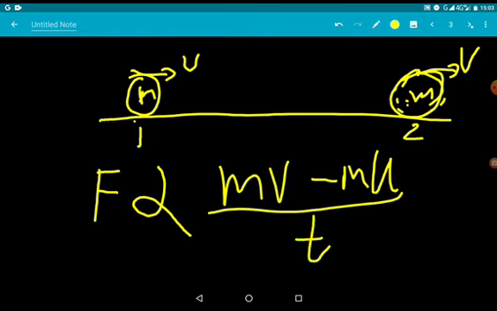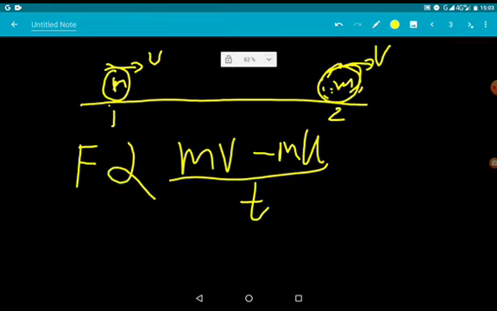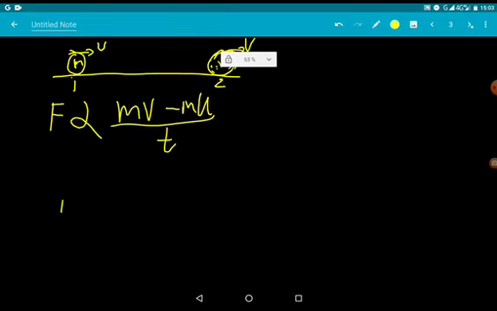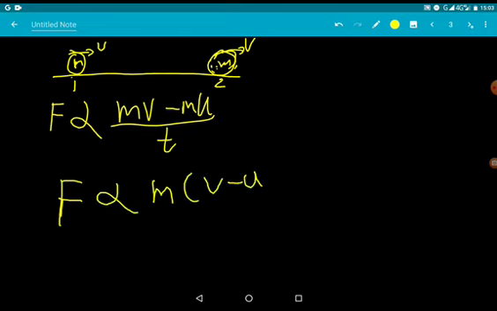Why are we using t? Because it's a rate of change, right? We want to do some simple calculation with this now. Let's do it. F is directly proportional to mv minus mu by t, and because m is a common factor, we can take it out.